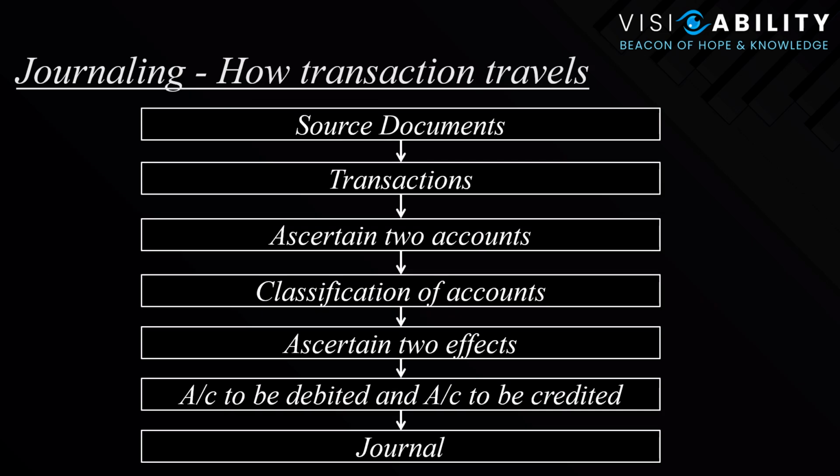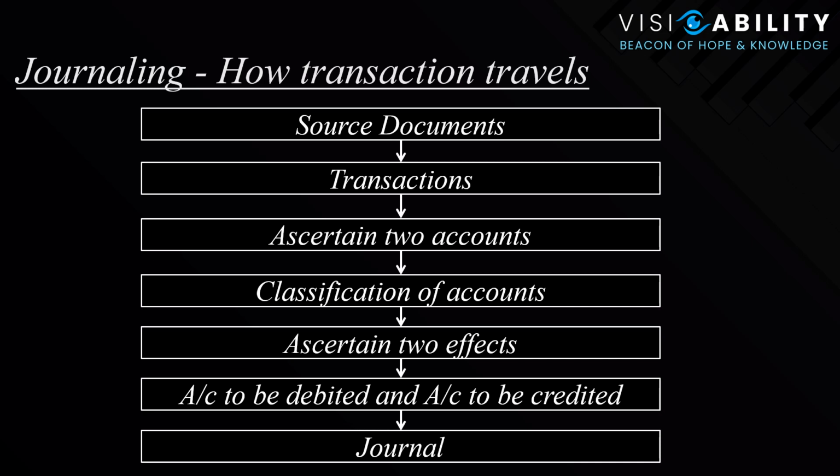So let's summarize what we saw in today's video. How does a transaction travel? So a transaction basically from the source of the documents would go into a journal. How would it go into the journal?